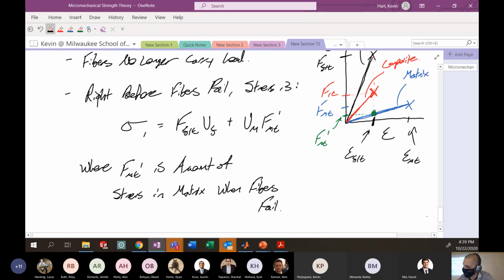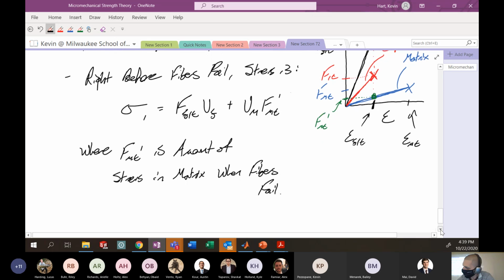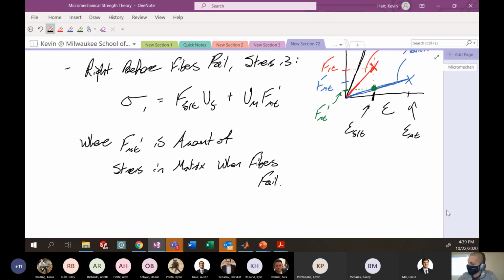Okay. That value is going to be equal to the modulus of the matrix multiplied by the strain to failure in the one direction in tension of the fibers. Got that?